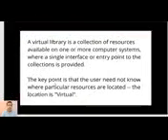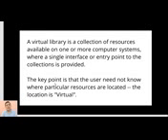Whereas a virtual library is a collection of resources available on one or more computer systems where a single interface or entry point to the collection is provided. See, the key point is that the user need not know where the particular resources are located. The location is actually virtual.